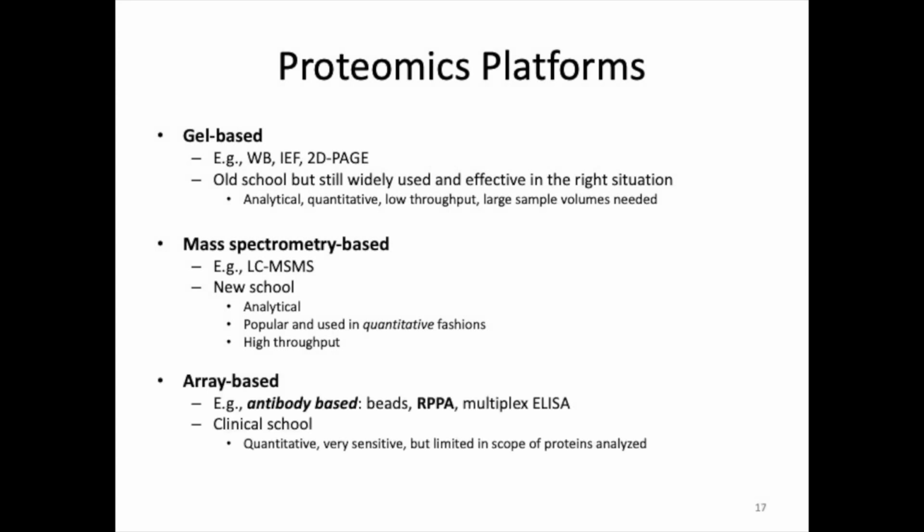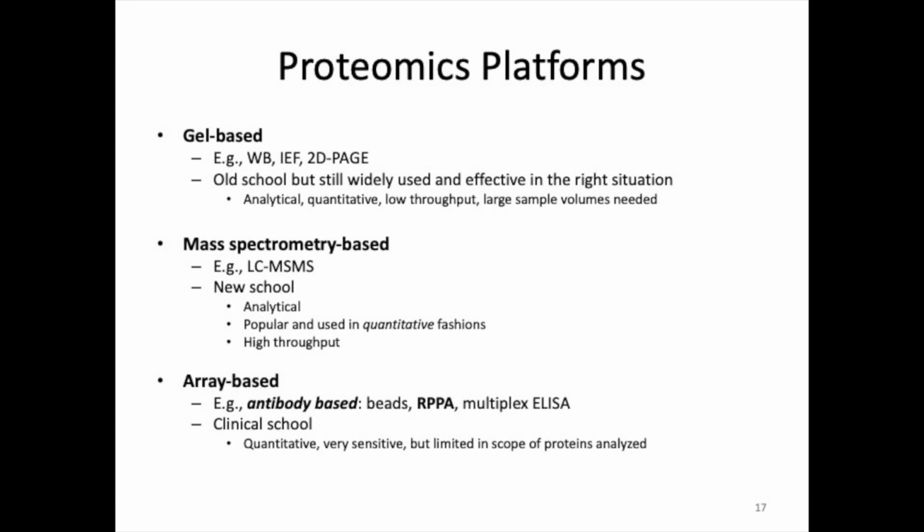The third category is array-based methods. They're quantitative and very sensitive in detection, but limited in the scope of proteins an array can analyze. Unlike MS-based methods that monitor all the proteins in the sample, array-based methods only monitor the proteins that have designed antibodies on the array.